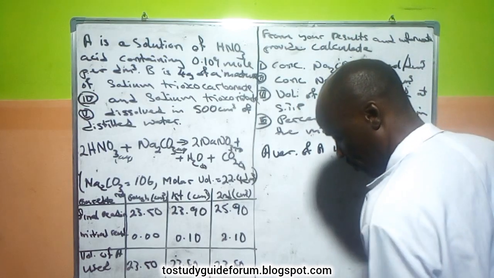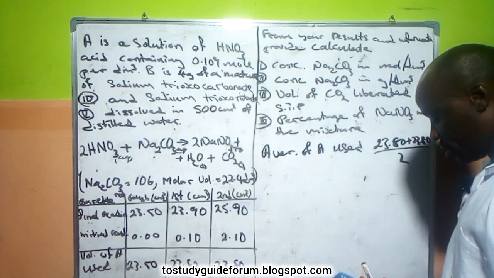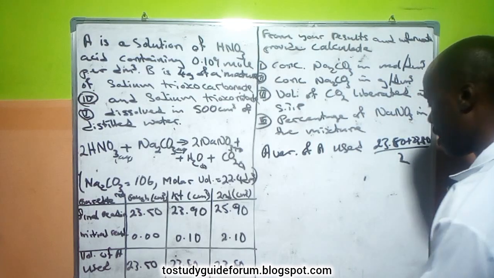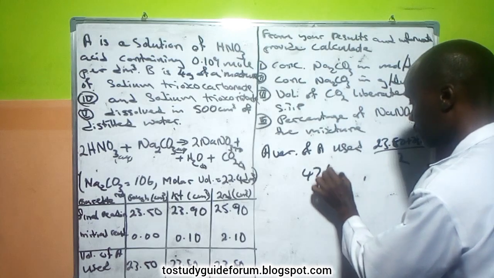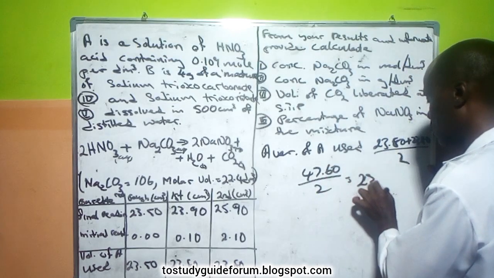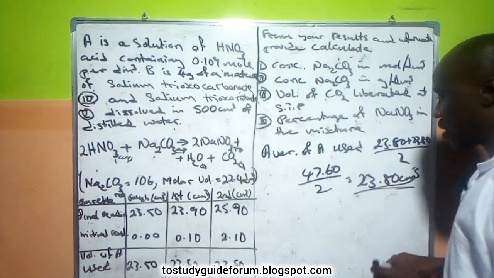So if you make it all over 2, 23.8, we'll have 4, 6. That will still give us 23.8 cm cube. That is the average volume used.